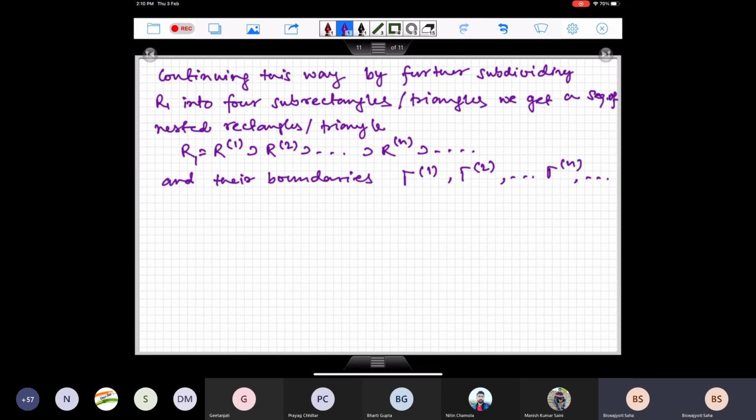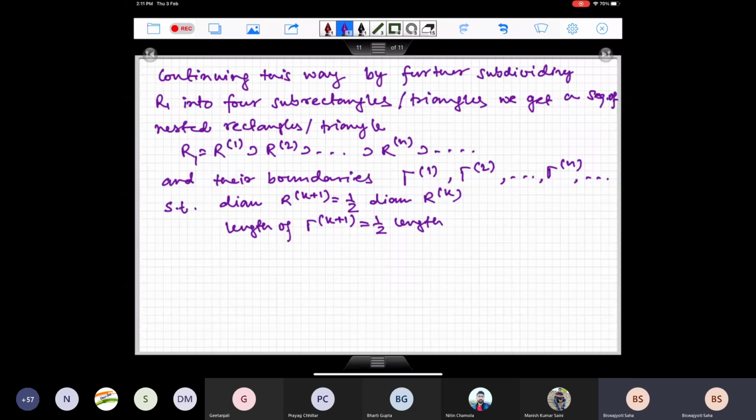That's the notation that I'm going to use. So what are the properties? The diameter of R(k+1) is half of the diameter of Rk, and similarly the length of gamma(k+1) is half of the length of gamma k. This is precisely what we are getting.